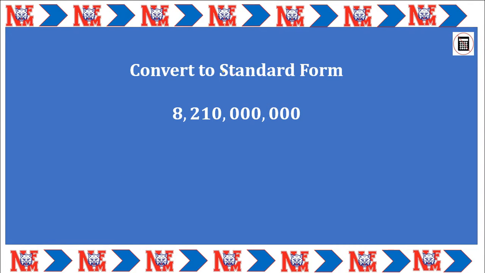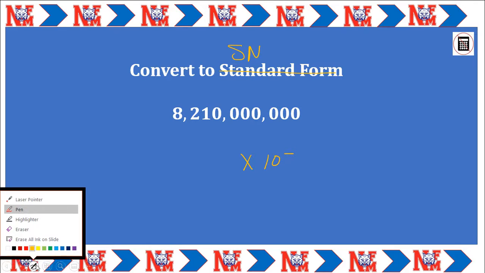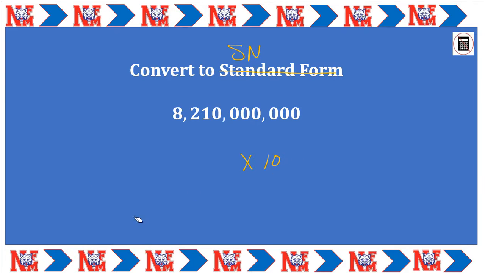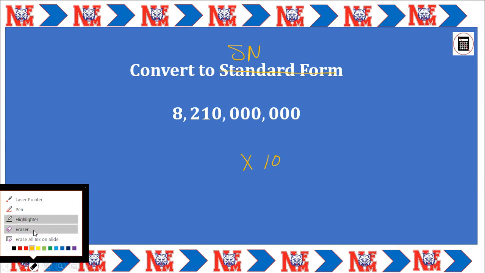Okay, and guess what? I'm sure I have the wrong wording here. I do. So we'll fix that. So I'm just going to put SN for scientific notation. We notice we have a very large number, so our exponent is going to be positive because we're moving our decimal to the left. So it's going to be, again, times 10 to some exponent. Whoops, let's not write that. That's supposed to be an underline, but now it's going to look like a negative. Let's back that up.